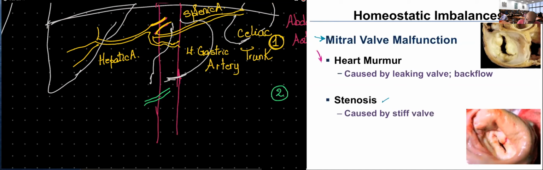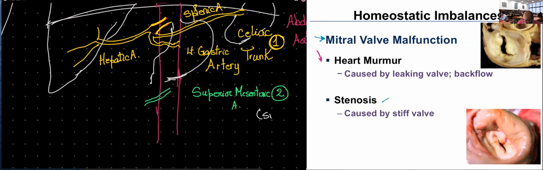This is the one located above. So we call this my superior mesenteric artery. And again, what's going to be supplied is going to be the small intestines and part of the large intestine.